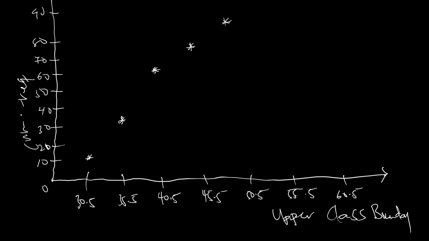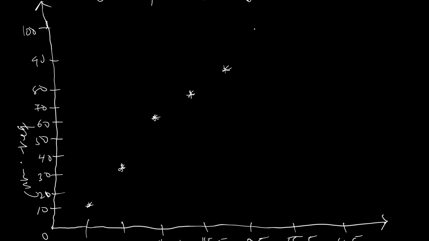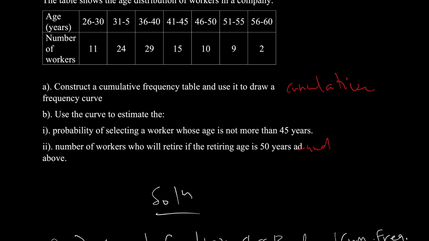At 55.5, we have 98. Then at 60.5, we have 100. So when we draw our cumulative frequency curve, we should have this. So this will be our cumulative frequency curve. So we are done with the A part.